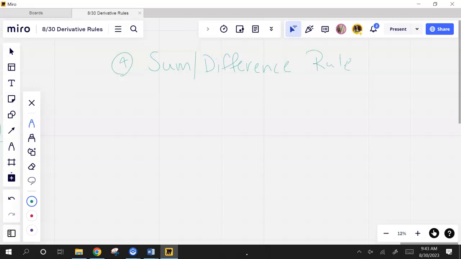Sum and difference rule. This is going to be especially helpful as we find the derivative of polynomials.